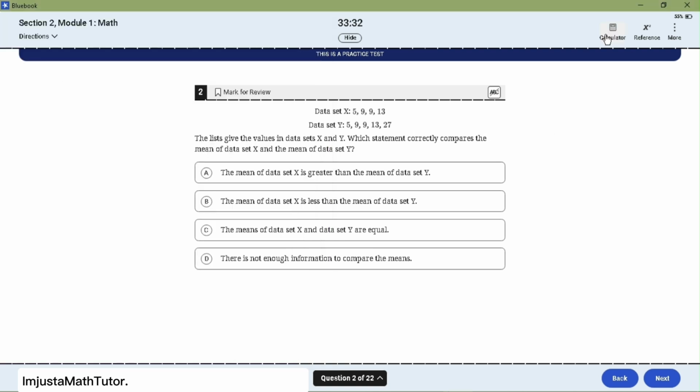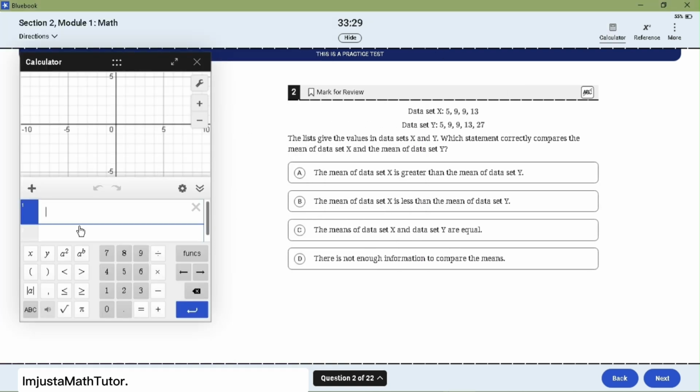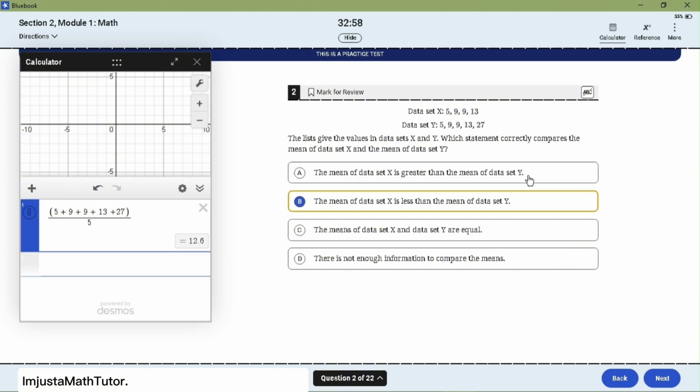Now let's calculate the mean of dataset X. It's 9 plus 9 plus 13 divided by the number of values, which is 4, which equals 9. The mean of dataset X equals 9. Now for dataset Y, it's the same plus 27, and now we have 5 elements, so that divided by 5 equals 12.6.